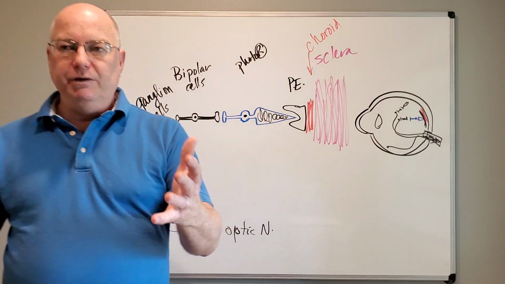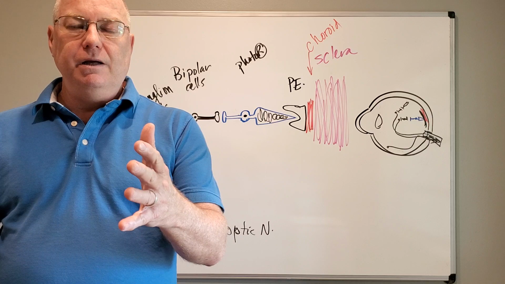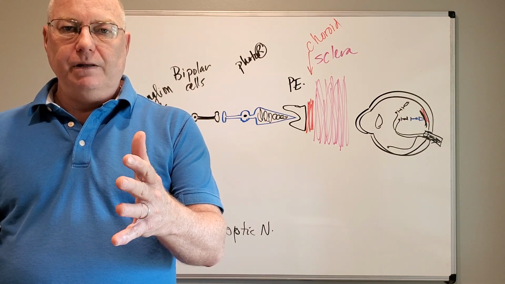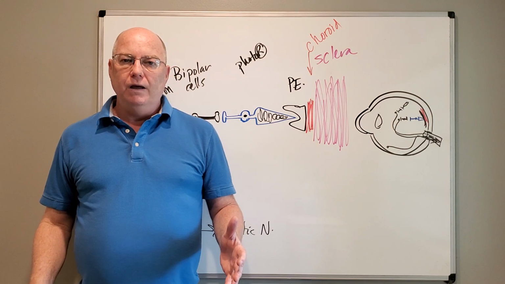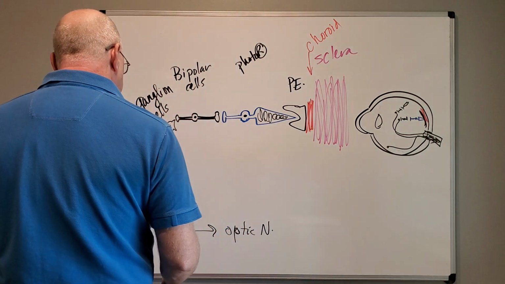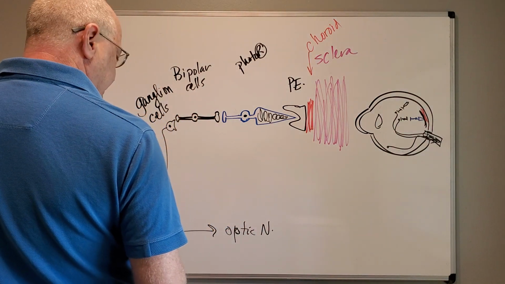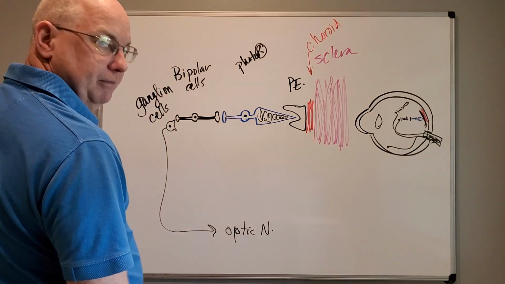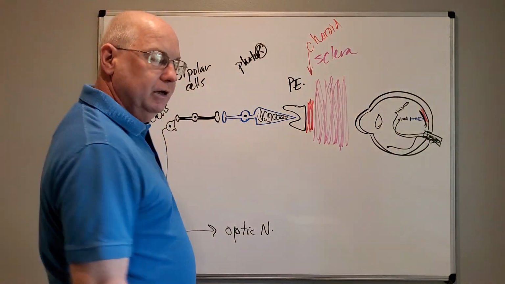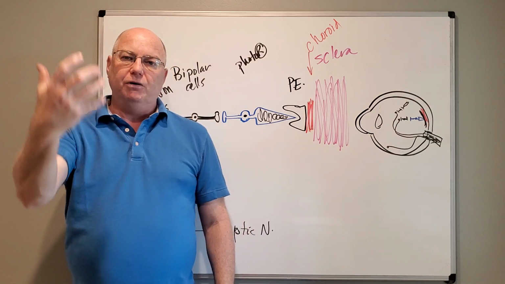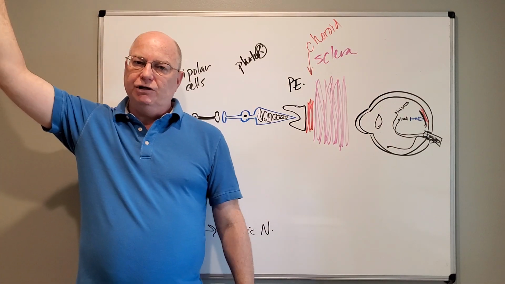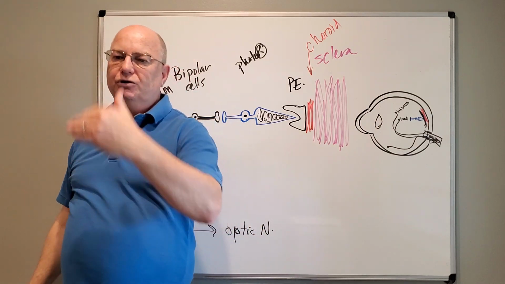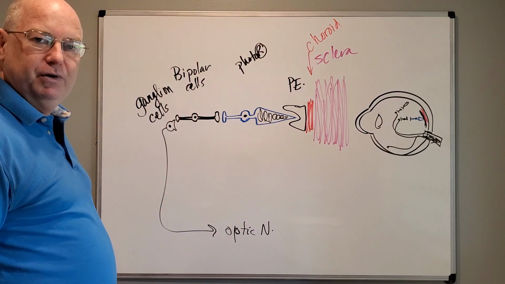You would think that it would be the person facing me would be the photoreceptor. But imagine if the person facing me is up against the wall, and then there's someone standing next to them or in front of them and someone else standing in front of them, and then they step on a button to tell me if they caught it. When I throw a tennis ball, the person who's the furthest away from me catches it, then signals the next person, which signals the next person, and they tell my brain.